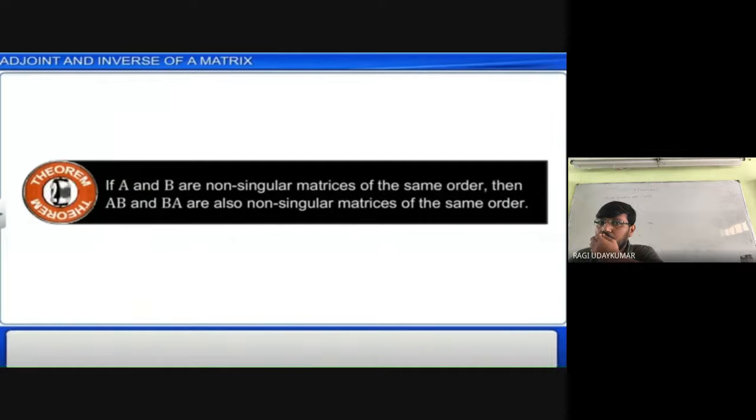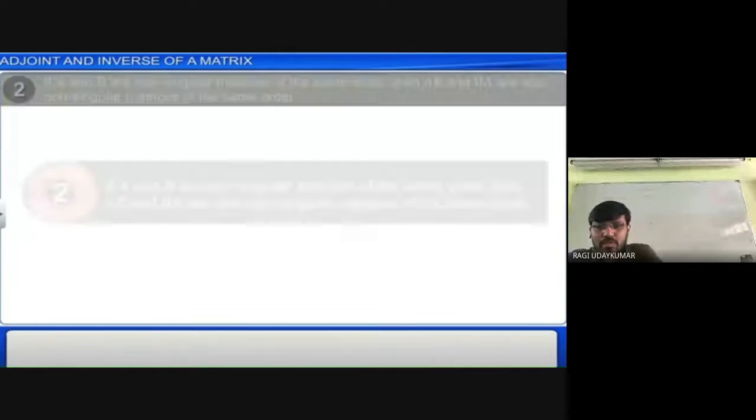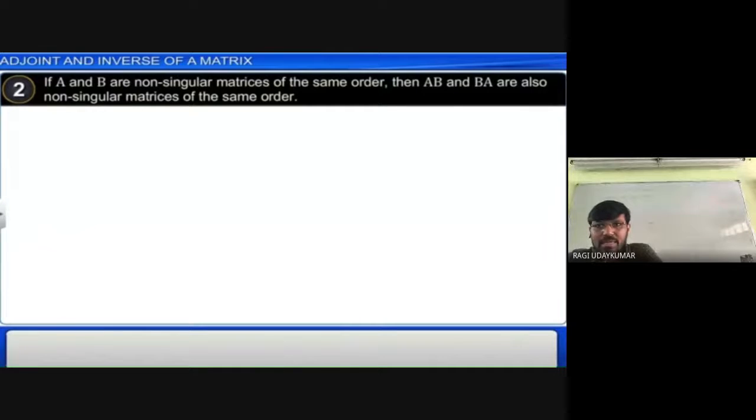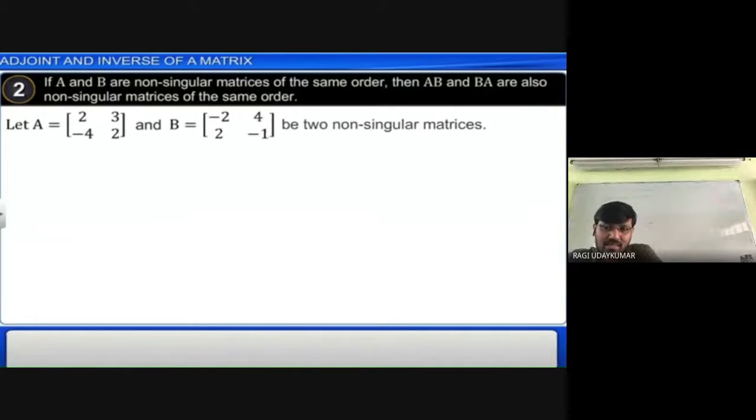So the next theorem is that if A and B are two non-singular matrices of the same order, then AB and BA are also non-singular matrices of the same order. Non-singular matrices A and B means AB and BA are also non-singular matrices of the same order. It means when you multiply two non-singular matrices in any way, you will again get a non-singular matrix.